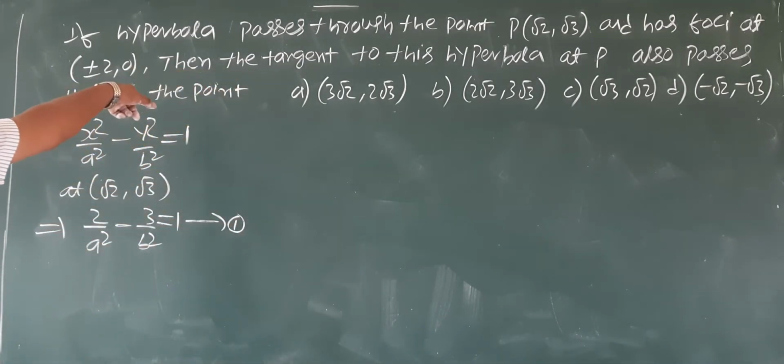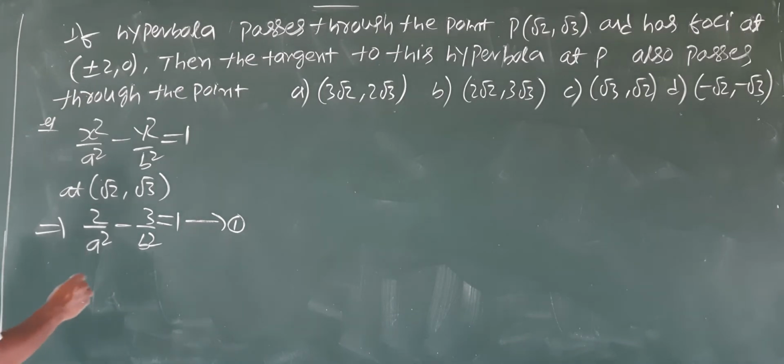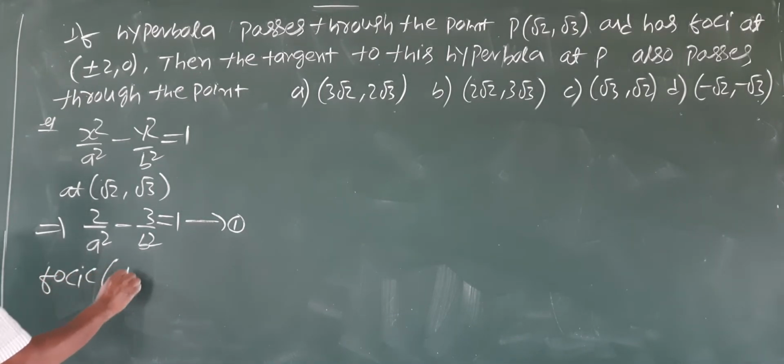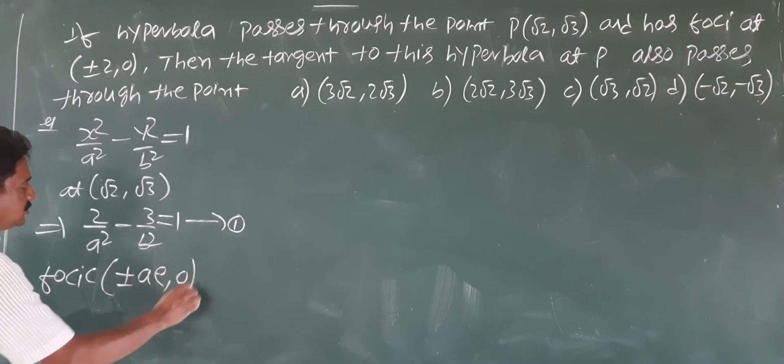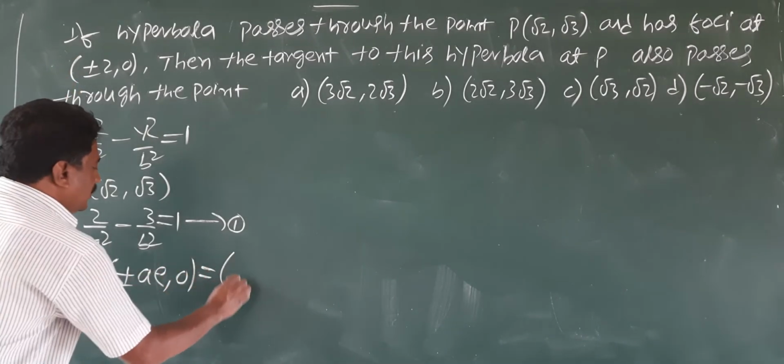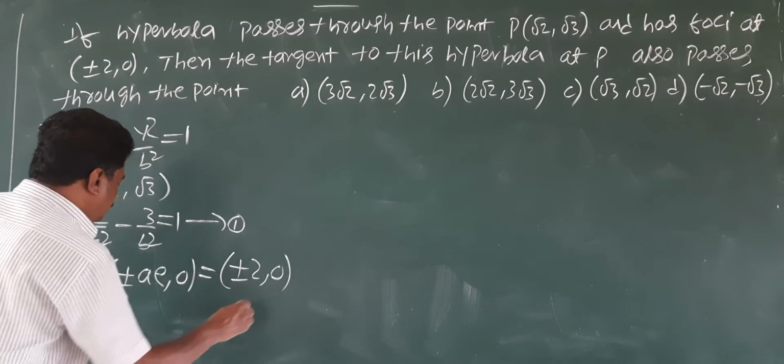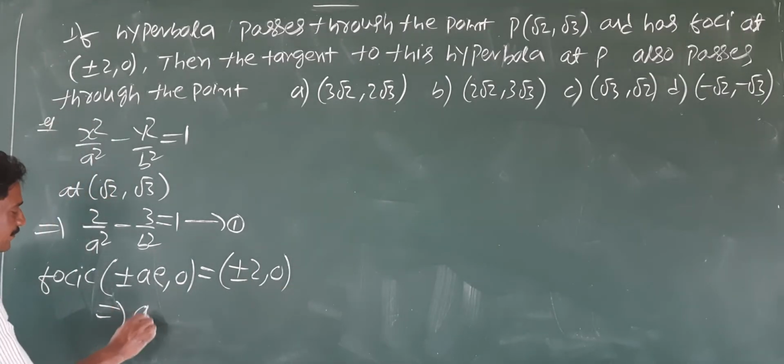Next, the foci are given. So tell me the foci, students. Plus or minus ae, comma 0 is equal to plus or minus 2, comma 0. So this implies ae equals 2.